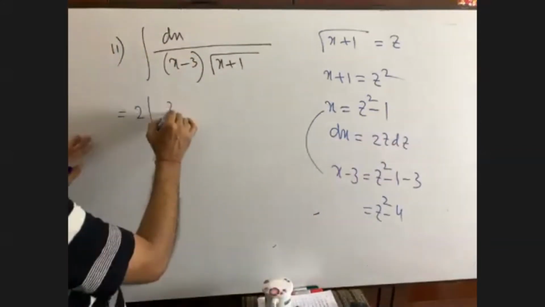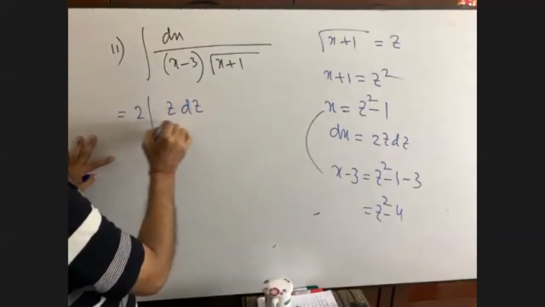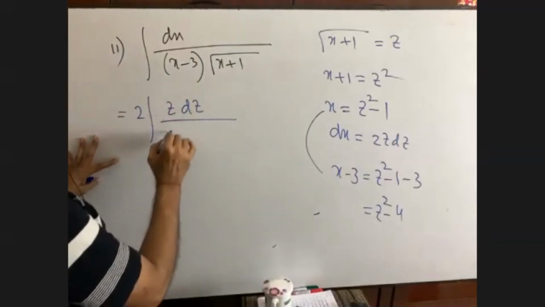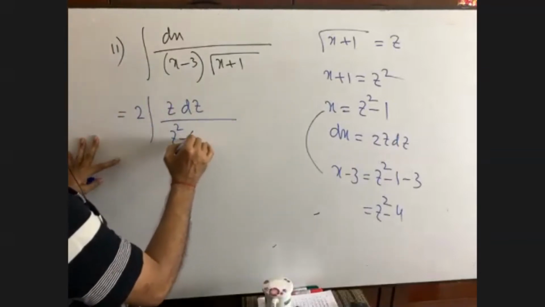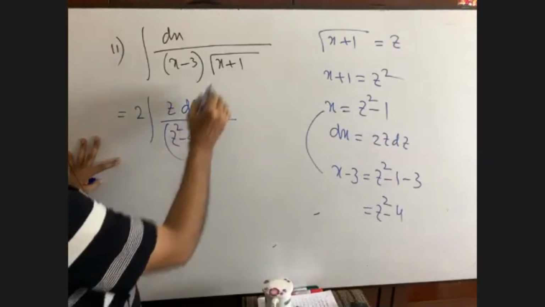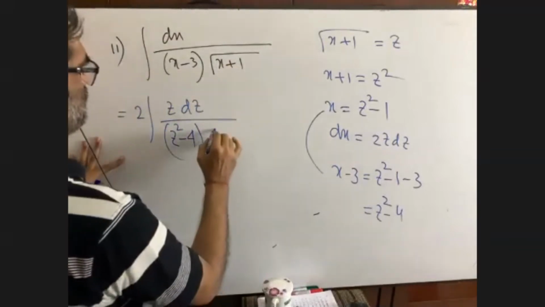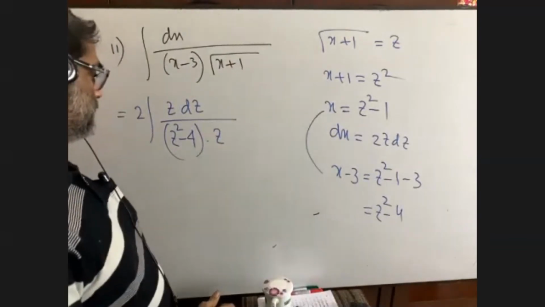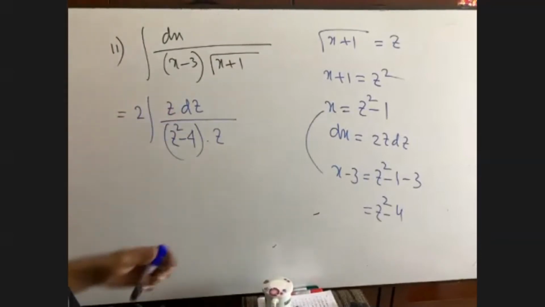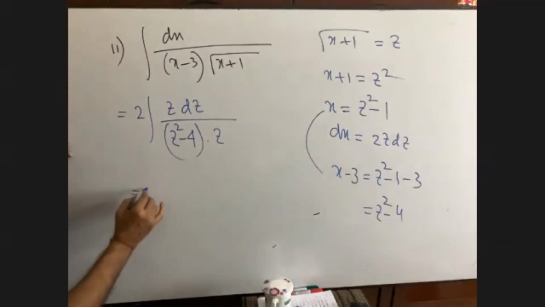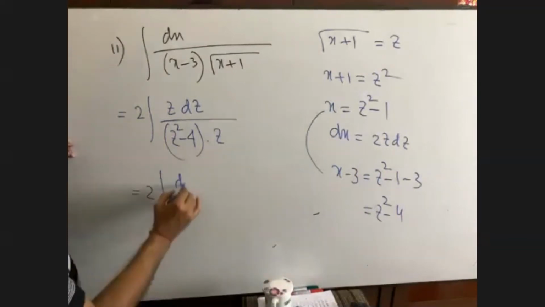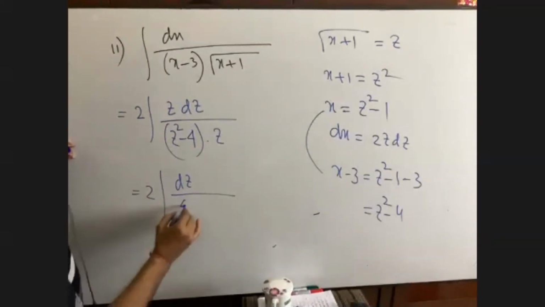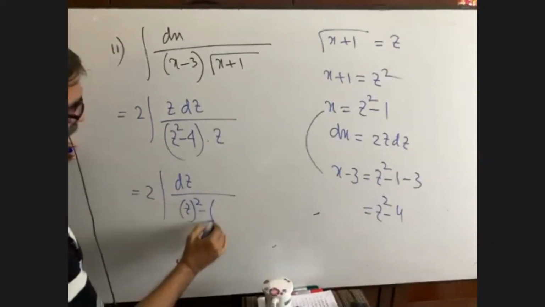So we can write here z dz. Then x minus 3 is z square minus 4, and root over x plus 1 is z. Is it okay to all? Yes, sir. Now you see z will be omitted, right? So we are getting dz by z square minus 2 square.